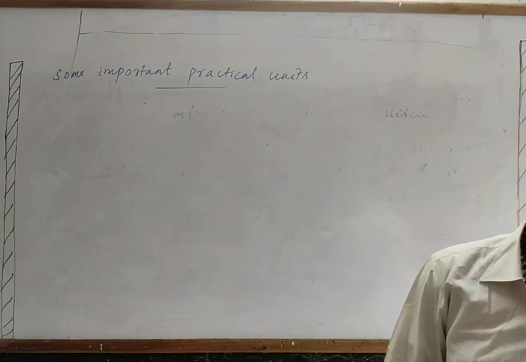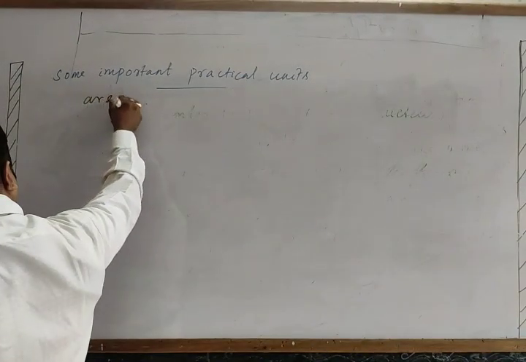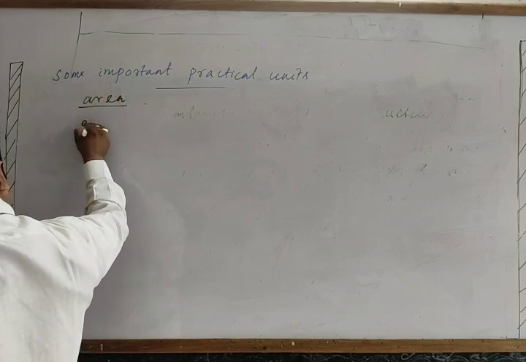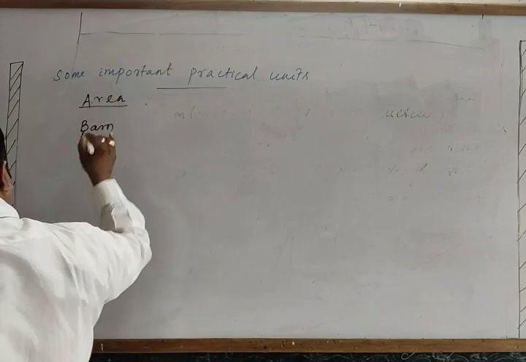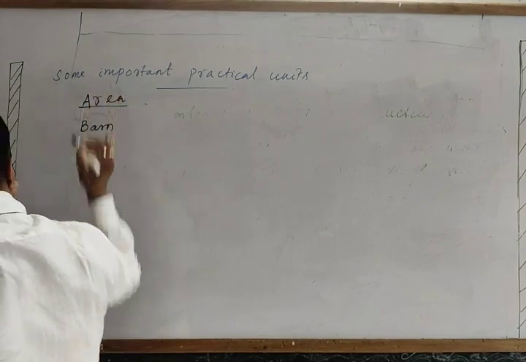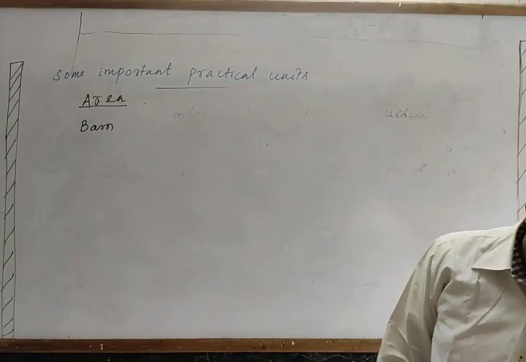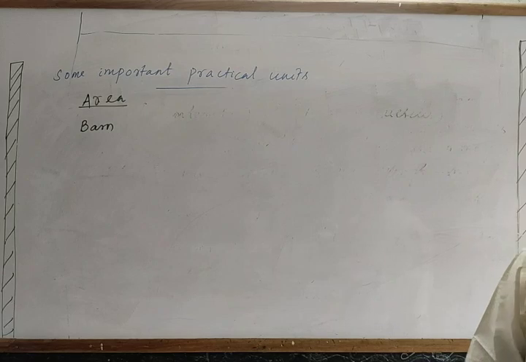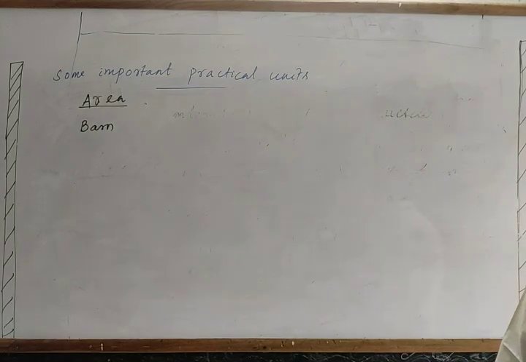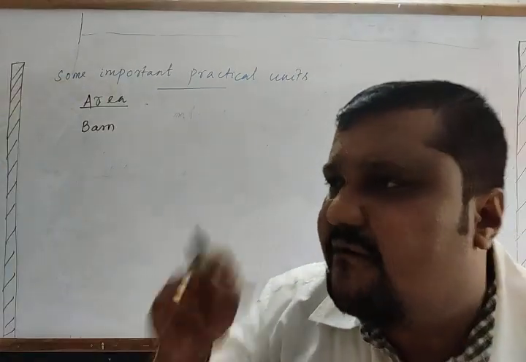One is called the barn. For area measurement, practical units for area, one is the barn. Clear? When you use the barn, it is used to measure very small areas, the cross-sectional area of a nucleus.